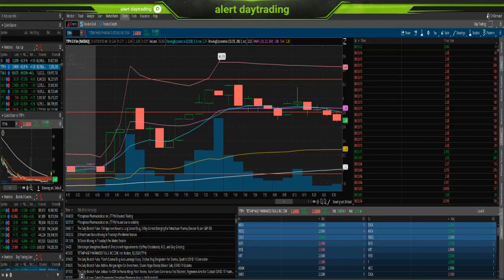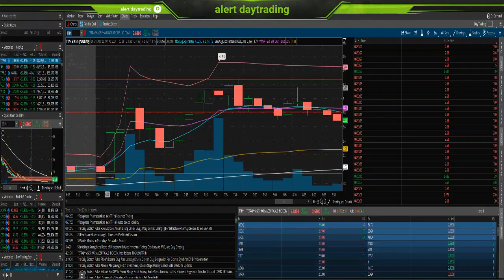So I think the checklist, having it written down and visually going through it on paper, and if you cannot get through the checklist, like if you're about to enter a trade and you can't get through each item on the checklist and the trade falling into the criteria, then you just need to pass on the trade.